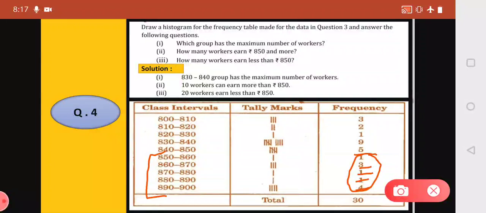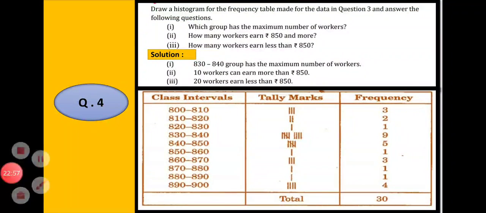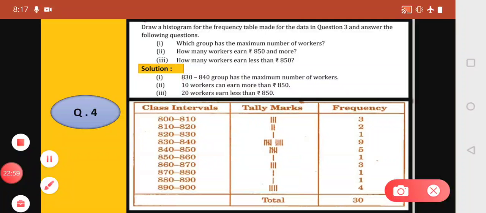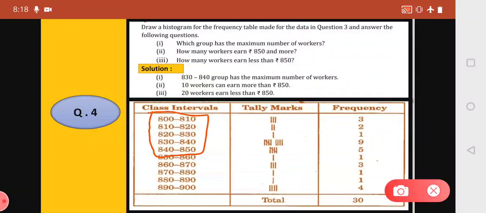And the third question, how many workers earn less than rupees 850? Now less than will come in these groups. Yes, all these class intervals have wages of the workers less than rupees 850.